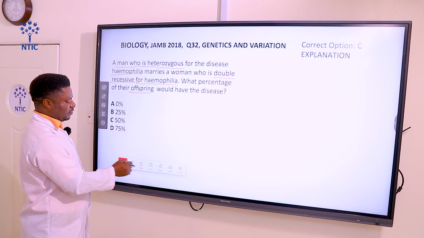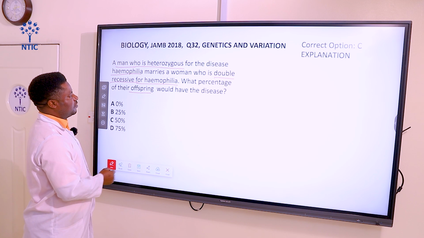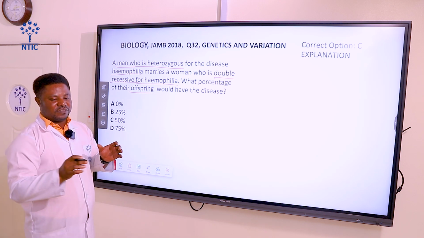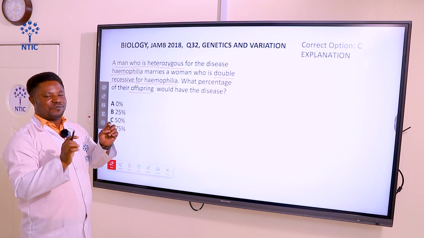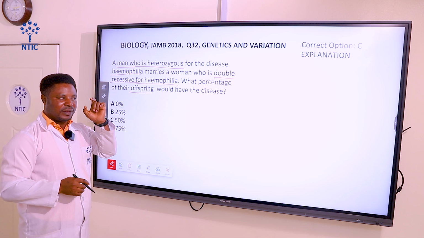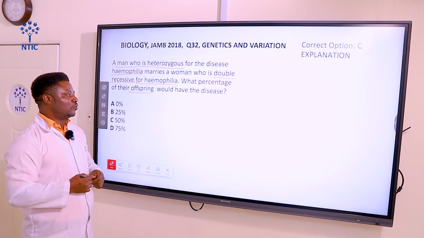Okay. Now, looking at this, it is interesting to note that there are some sex-linked characters which are found attached to the sex chromosomes, either the X chromosomes or the Y chromosomes.